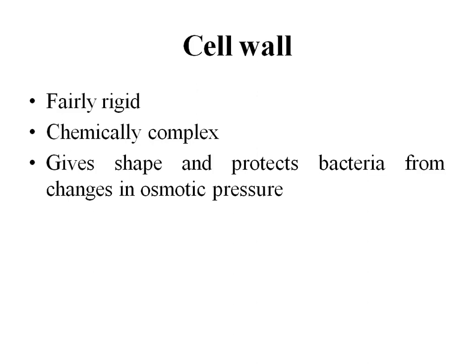Because of its rigidity and complexity, it gives a proper shape to the bacteria, and it also protects the bacteria from external environmental insults, such as the change in pressure or the movement of ions and many other things.